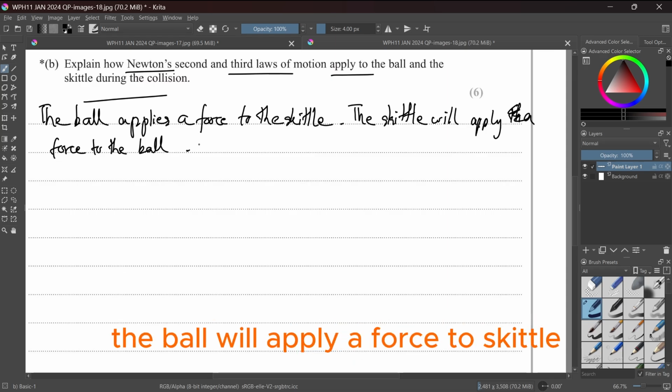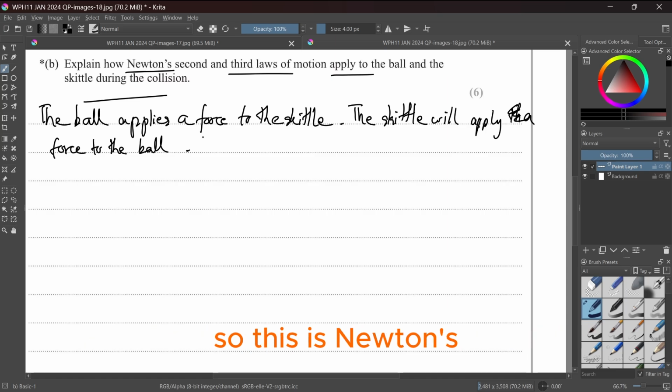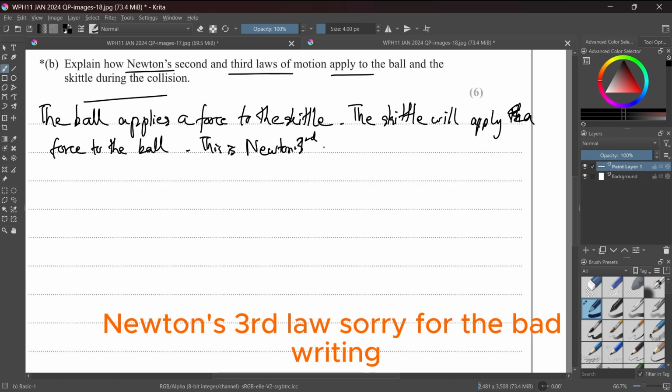The ball will apply a force to the skittle, and the skittle will apply a force to the ball, right? So this is Newton's third law. Sorry for the bad writing.